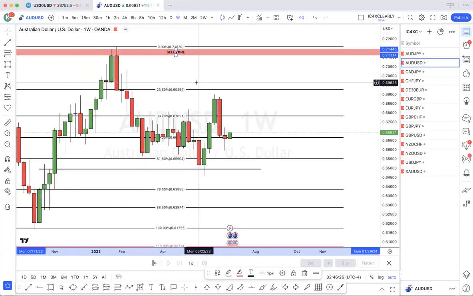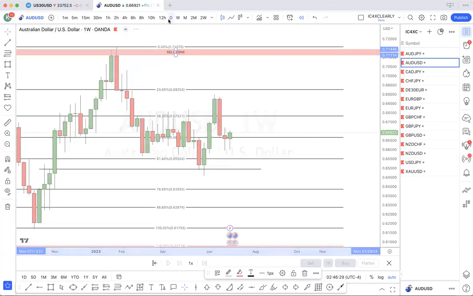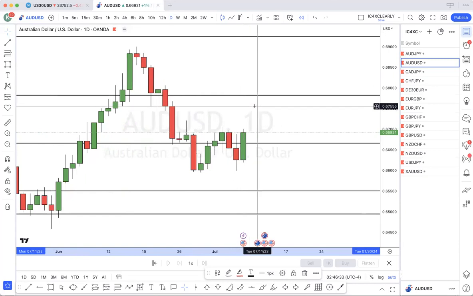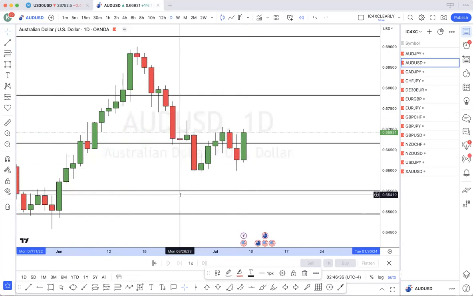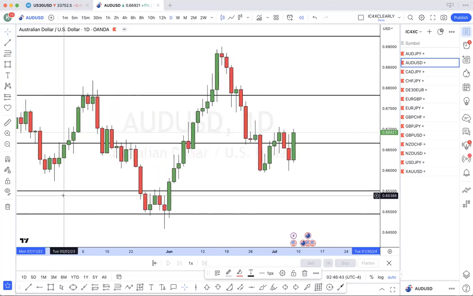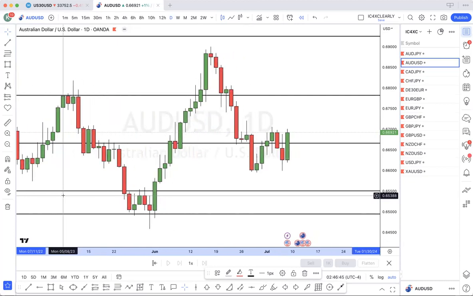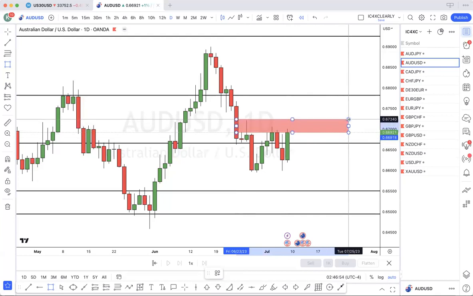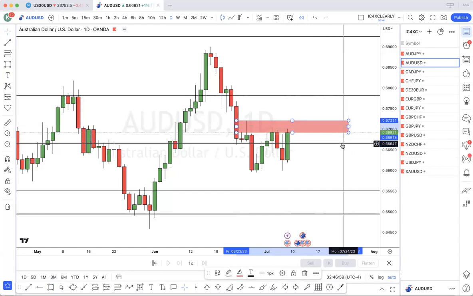So for the week, go down to the daily. You have a daily order block. Now, the only issue I have with this buying up right now is that it did not break structure here yet.